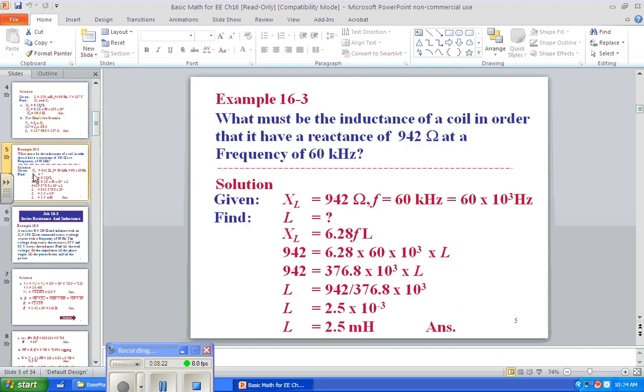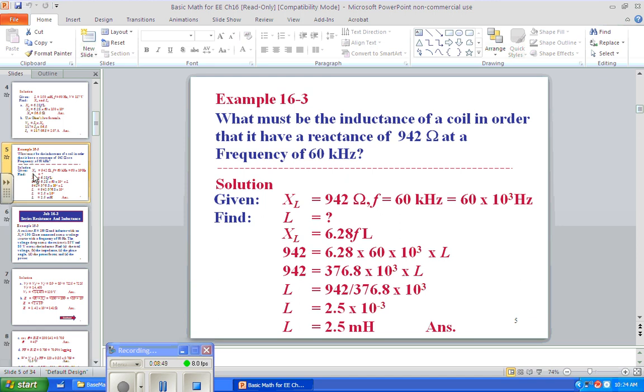That's our answer. And another example: find the inductance of a coil in order that it have a reactance of 942 ohms at a frequency of 60. So that's just doing it the other way. We're still going to have X sub L is 377 times L. We don't know what our L is. It's asking what is the inductance of this coil if it has a reactance of 942.